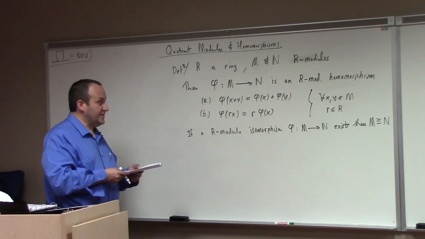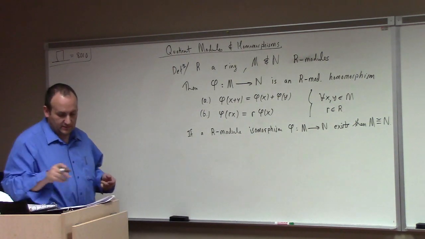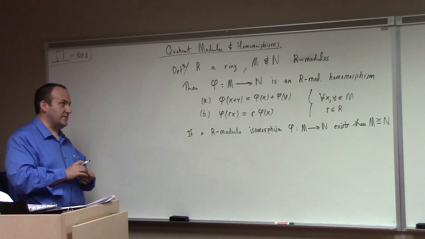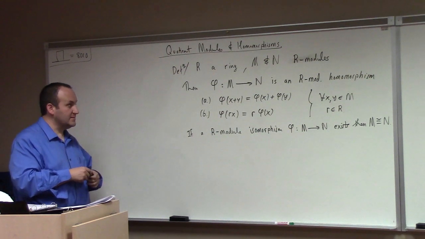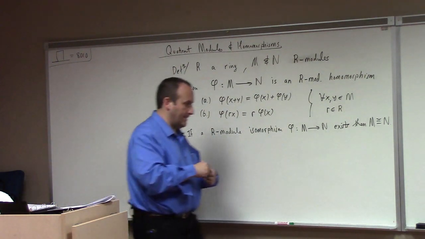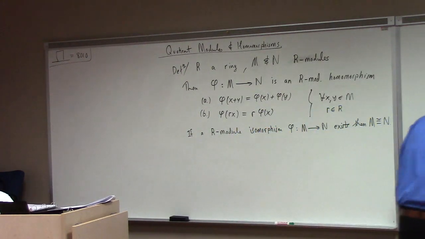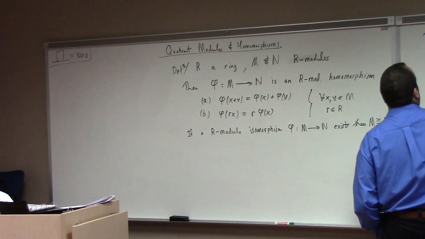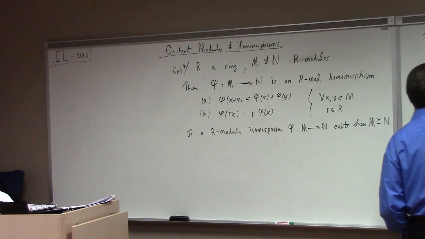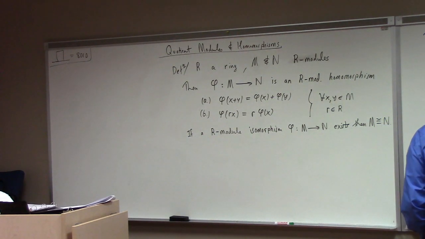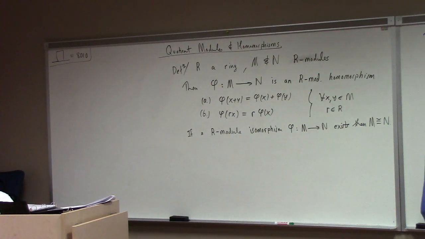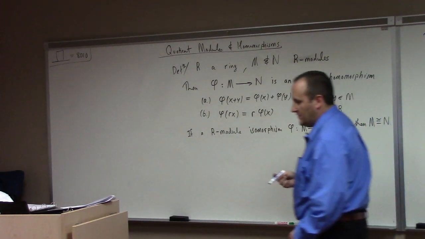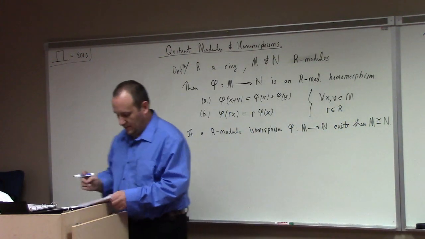There are 2 special submodules attached to a given R module homomorphism. What do you think they are? Kernel of φ, which would be what? x in M such that it maps to 0.